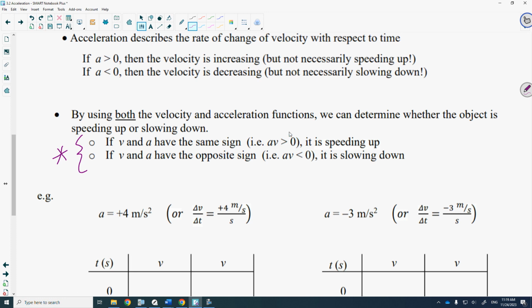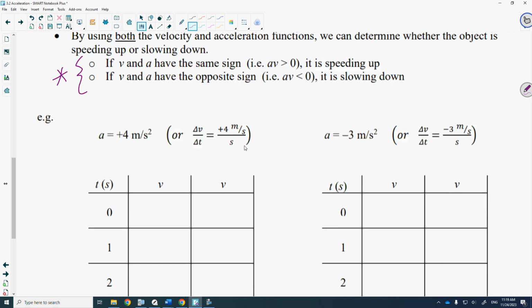If you get a times v greater than 0, we're going to be speeding up. If those two signs are opposite signs, a times v will be less than 0, the object is slowing down. So I'll show you what this means by looking at this chart here.